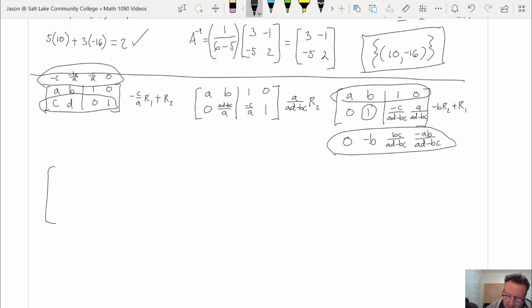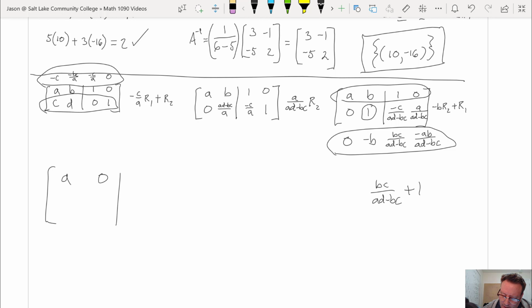Okay, let's make some bigger matrices so it's not so cluttered. 0 plus A is A. Negative B plus B is 0. BC over AD minus BC plus 1. Let's do some scratch work. Well, I need a common denominator, and that would be AD minus BC.